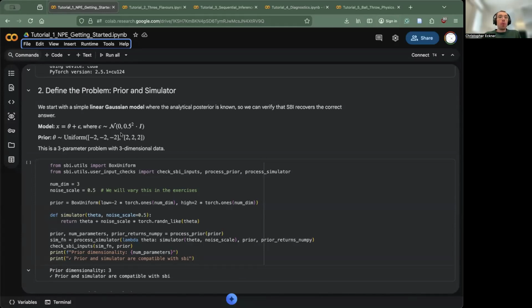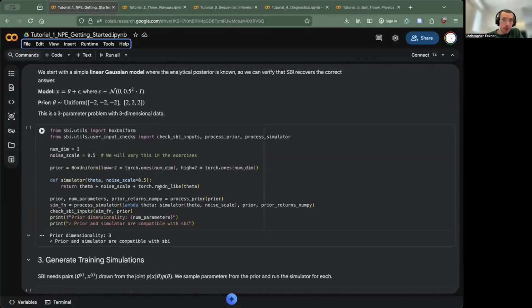Then this marks the central point of a normal distribution, which we add to this parameter. The epsilon here is drawn from a normal distribution with mean 0 and standard deviation 0.5, with an uncorrelated covariance matrix, so it only has entries on the diagonal.